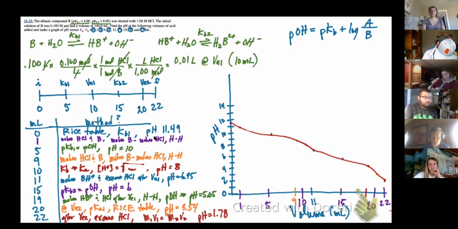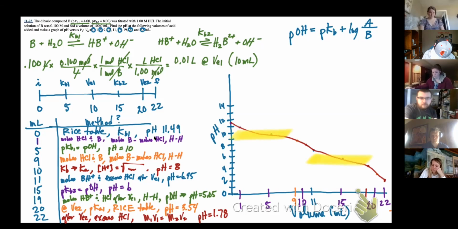We can also see things, you know, the next part of this that we want to make sure we're ready for is identifying our buffering regions. Being able to point out regions on here, for instance, where, you know, we're saying between, this is the territory of Kb1.